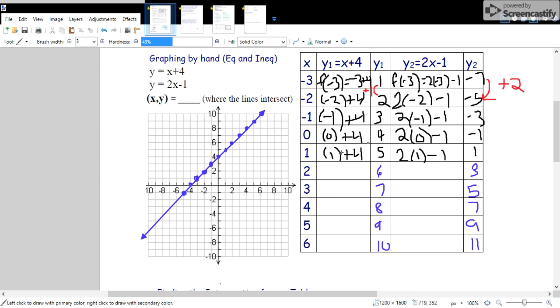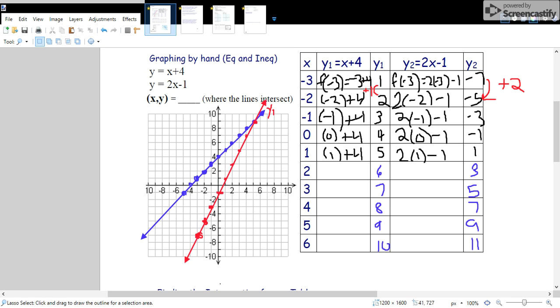So negative 3, comma negative 7. Negative 2, comma negative 5. Negative 1, comma negative 3. And so on. And then you have a line that looks like this. This would be our y2 graph.